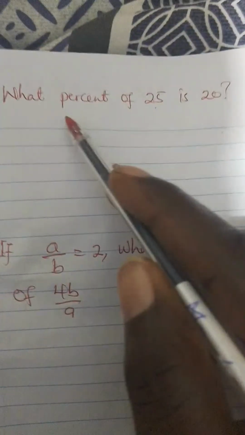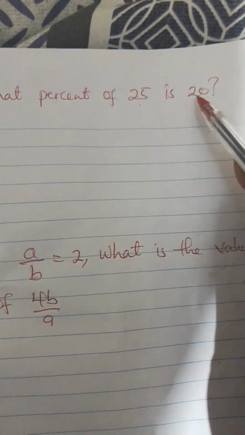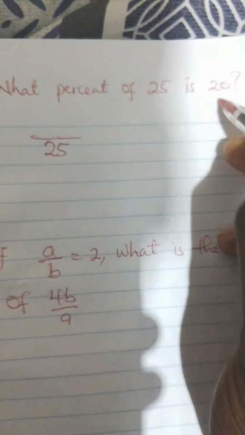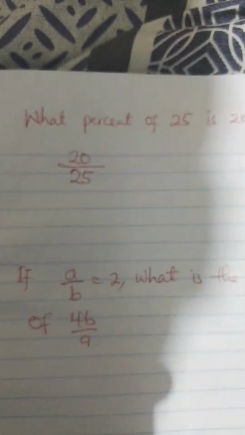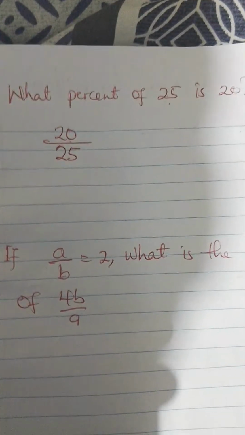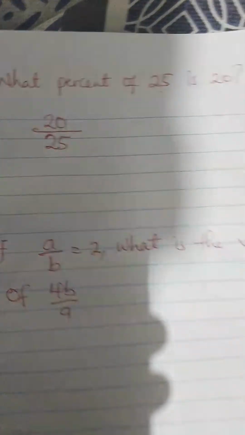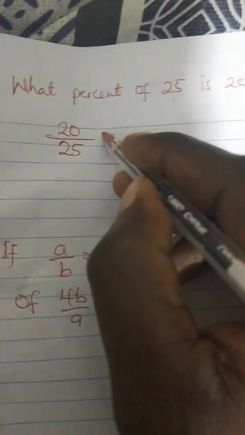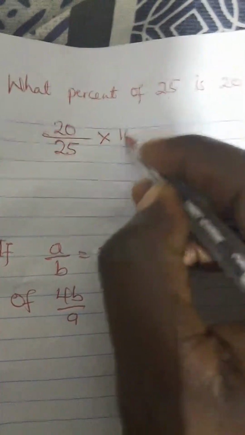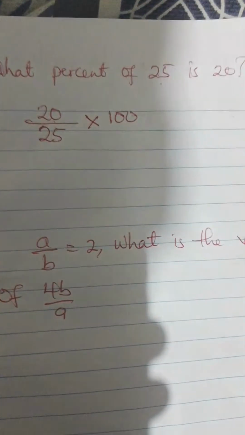If you are asked to solve this percentage question, what percent of 25 is 20, the 25 becomes the denominator, then the 20 becomes the numerator. So you have 20 on 25, and because they are saying percentage, that's times 100.